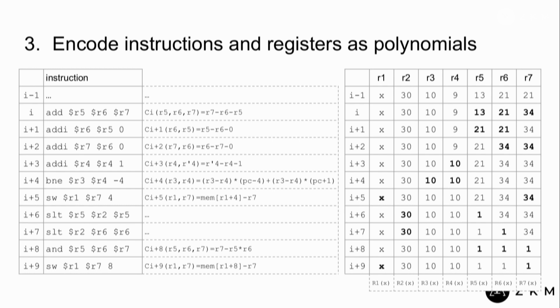Because we have a trace table, we need to apply constraints on each row or across different rows. First, we convert each row into a constraint polynomial, like for row i, C_i(R5, R6, R7) equals R7 minus R6 minus R5. We call it a constraint polynomial.